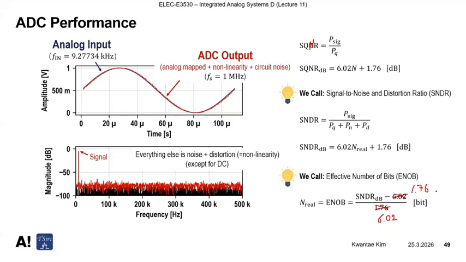So we call this ENOB the modeled resolution. What is the effective range we can actually make use of out of this ADC? There will be quantization noise, there will be distortion, there will be circuit noise. Then what is the really usable effective number of bits? So you can simply take SNDR minus 1.76, and divide by 6.02, then you get this ENOB. And the dimension is bit.